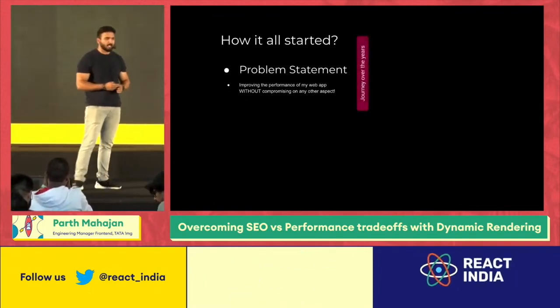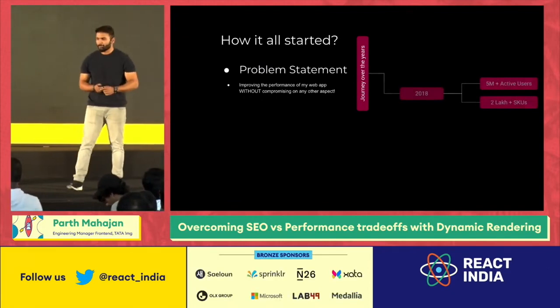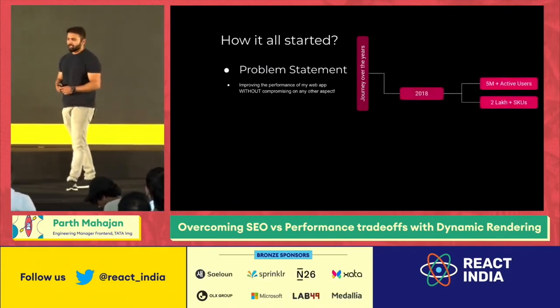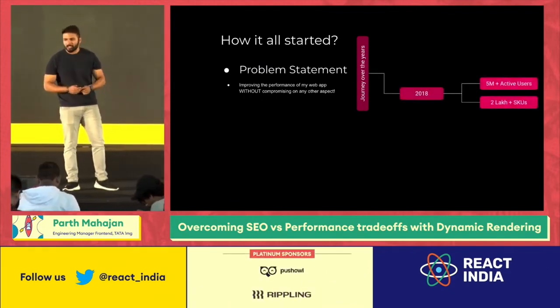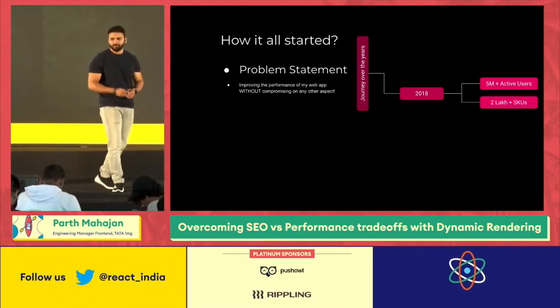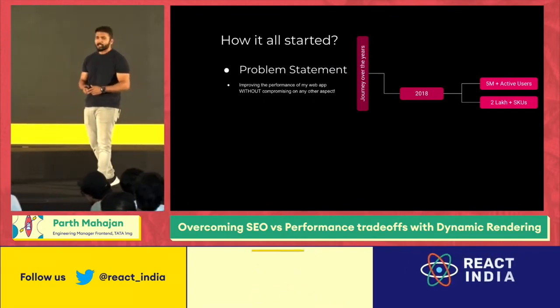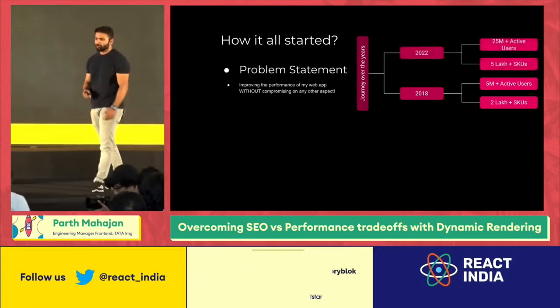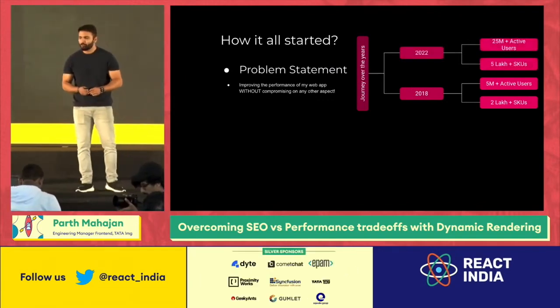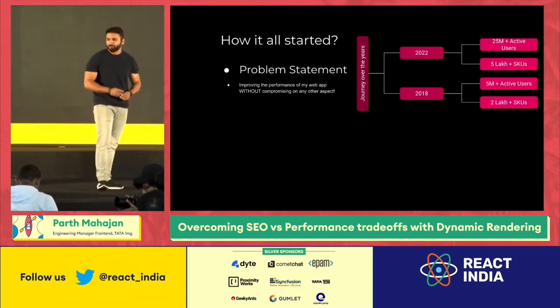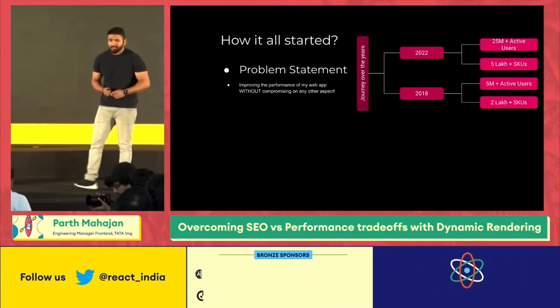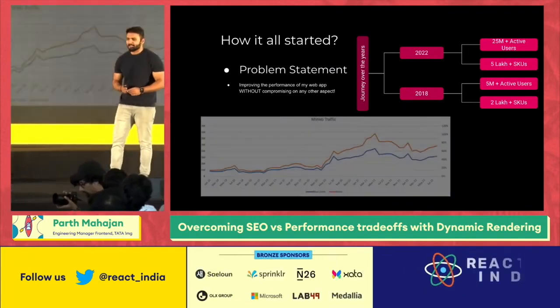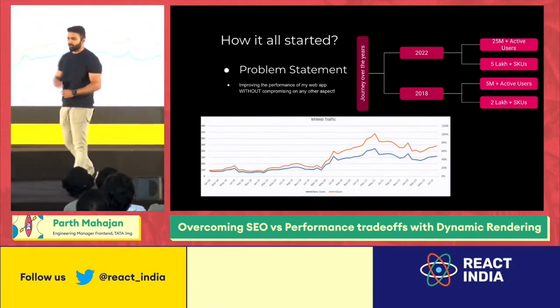And this is our journey over the years. In 2018, at Tata 1MG, we had 5 million plus active users and 2 lakh plus SKUs. And fast forwarding to today, in 2022, we have 25 million plus active users and 5 lakh plus SKUs, and this has been our growth trajectory.